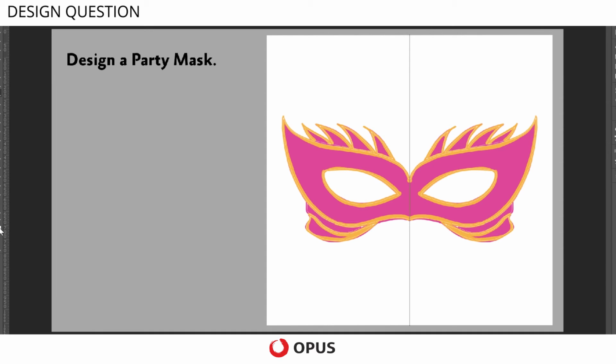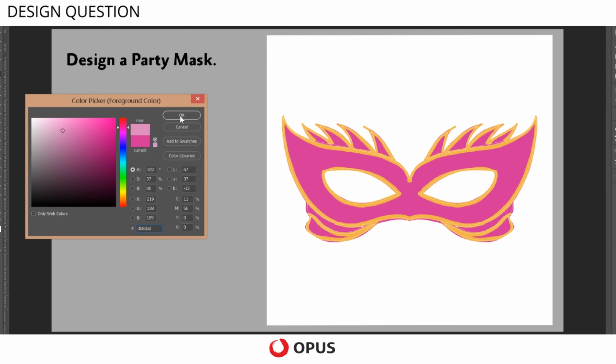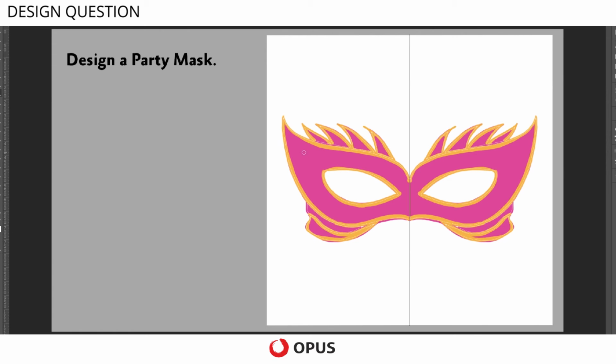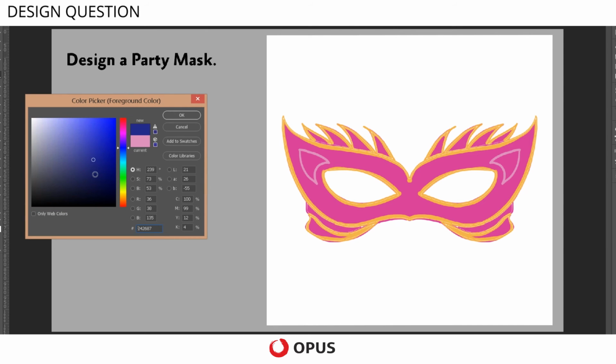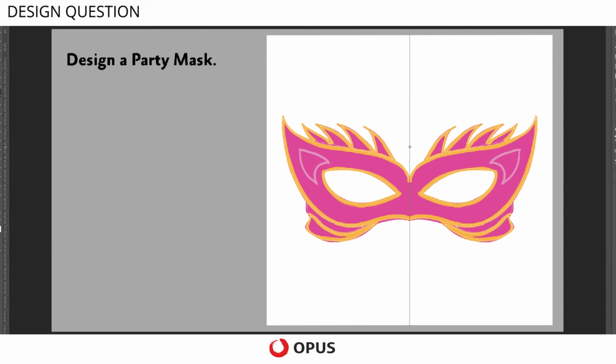After that we can take a lighter color and make a shape like this here, and suppose a different color in this way to create and add some drama.